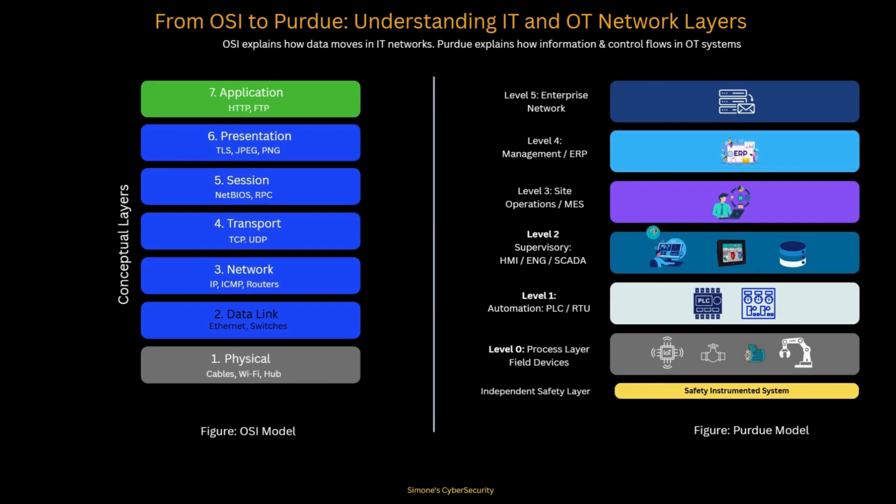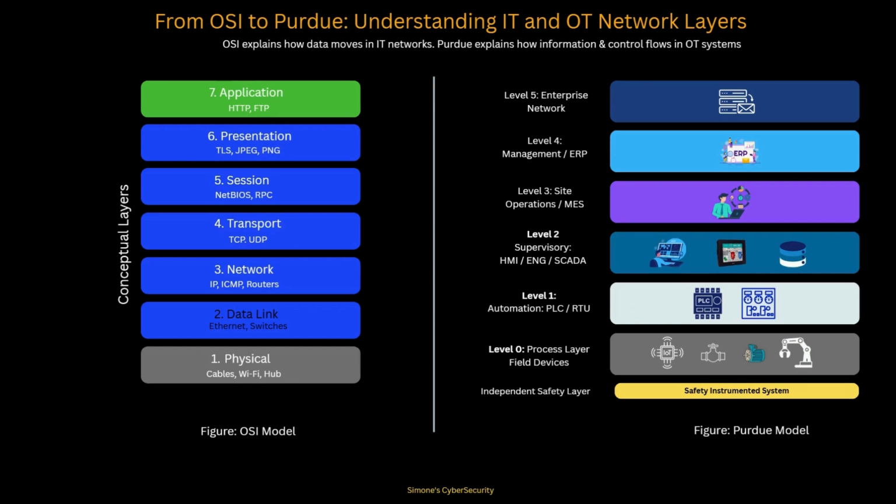So control commands flow downward from enterprise or supervisory layers down to controllers and field devices, and process data and feedback information flows upward, that is from sensors and controllers up to MES and ERP systems. So we can say that while OSI simplifies data communication, the Purdue model simplifies the hierarchy of control and information flow in industrial networks.